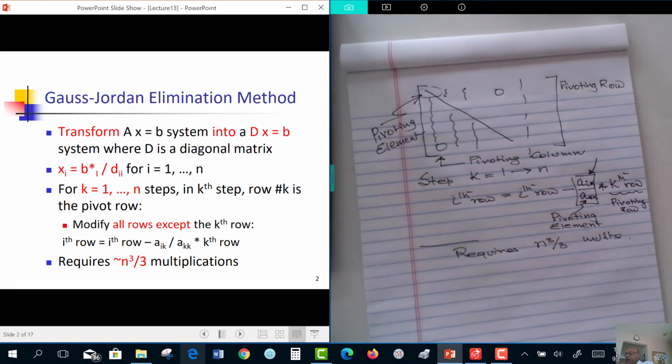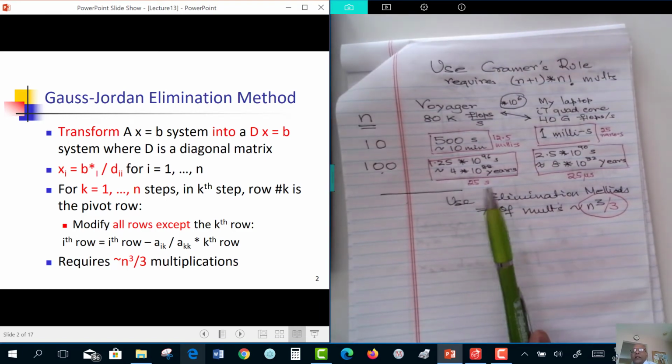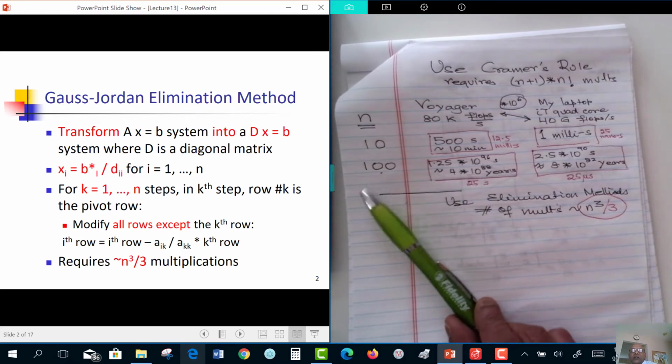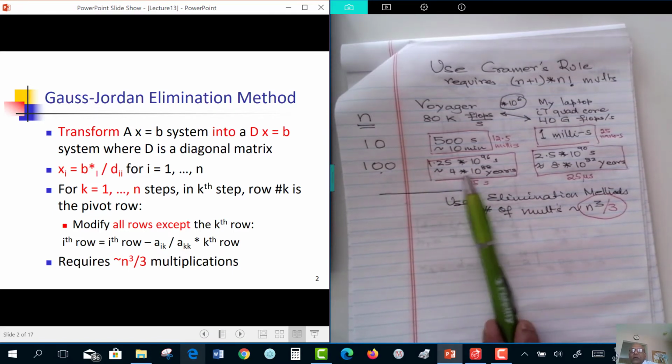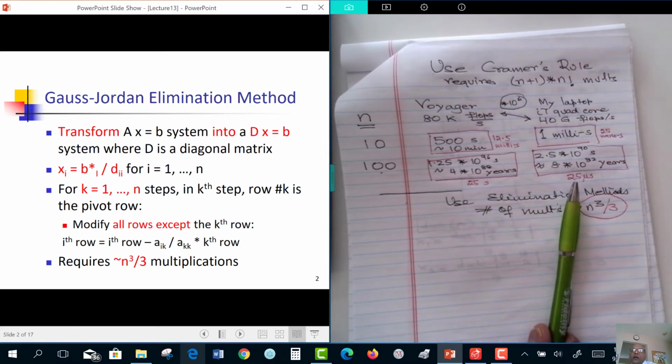In my old notes, you will see I had written that if you use Cramer's rule, if the size was like 100, we would have never solved it. But now we use elimination methods. Even on a very old computer, it takes 25 seconds. And on a modern computer, it'll take only 25 microseconds.